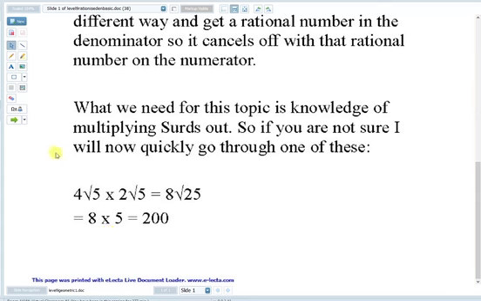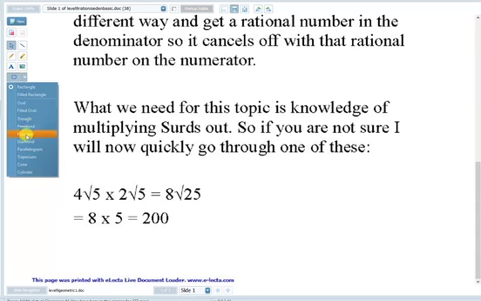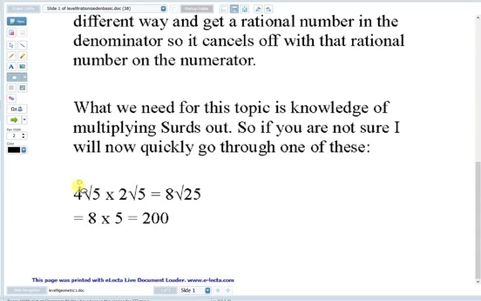In this case, the x's, the equivalent to those are the surds. So basically we times the 4 and the 2 together to get 8, and then we times the square root of 5 and the square root of 5 together.